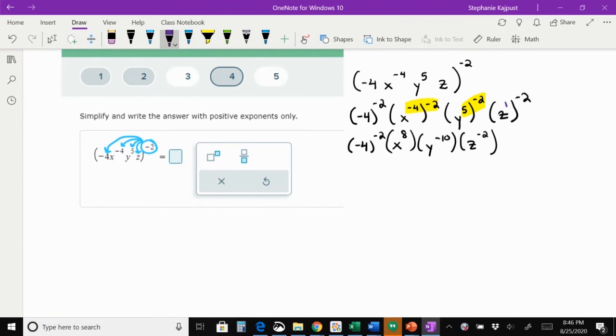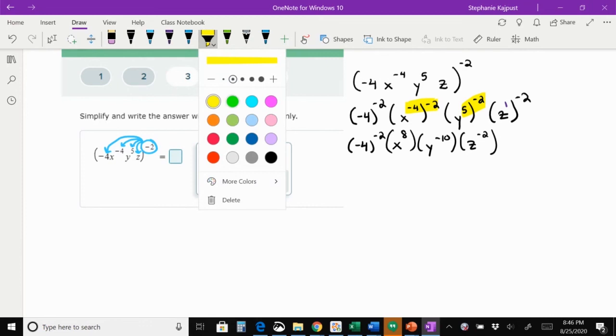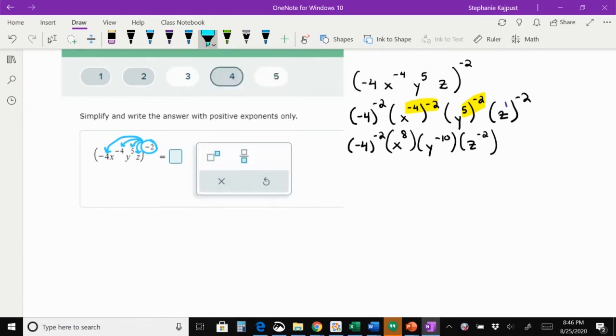So now everything with a negative exponent, I'm going to take the reciprocal of, because again, we want positive exponents only. So I'm going to be taking the reciprocal here, here, and here. The only thing I'm not doing anything with is the x to the 8th.